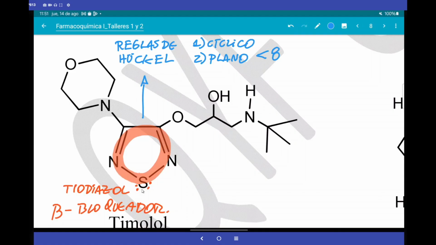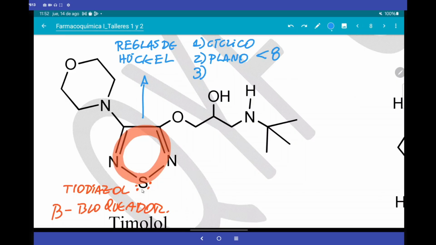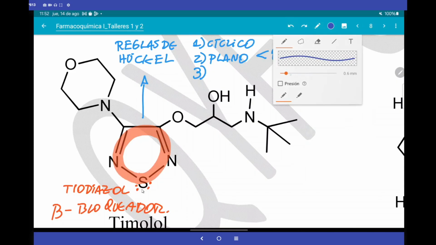And the third characteristic: how many conjugated electrons must it have? There was a formula for that. What was that formula? This is important.